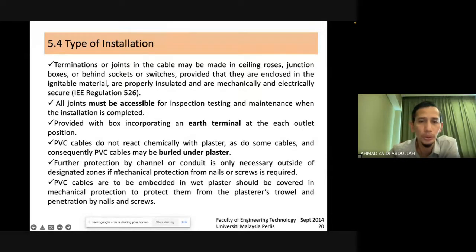Okay, further protection by channel or conduit is only necessary outside of the design zone. Okay, yang ni tak ada masalah. And then PVC cable to be embedded in wet plaster. Ni kalau nak embedded in wet plaster should be covered in mechanical protection. So it said that mechanical protection kan.